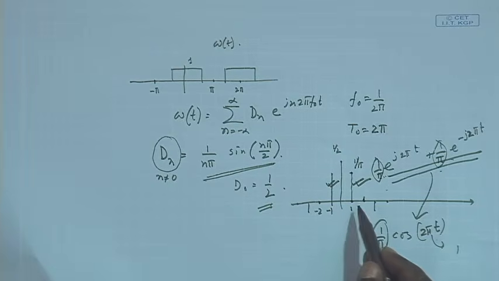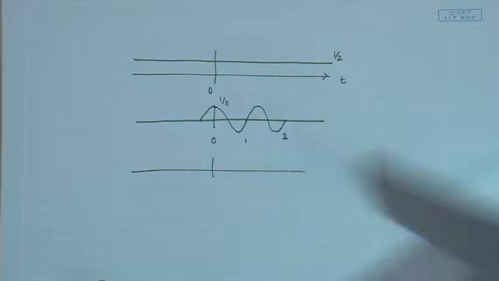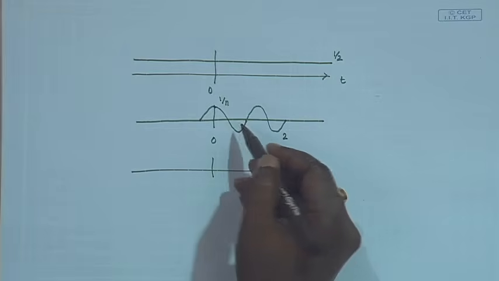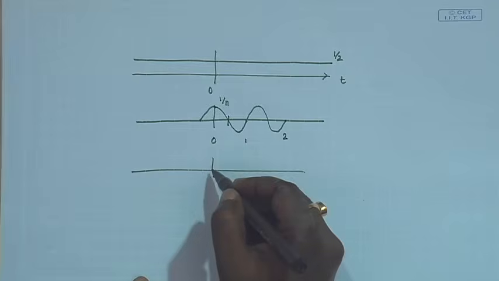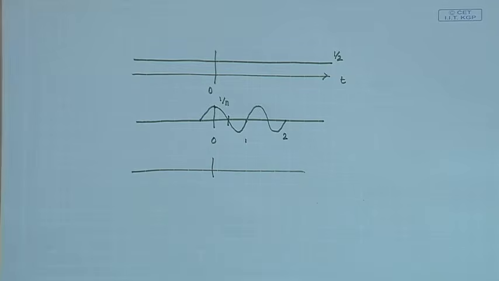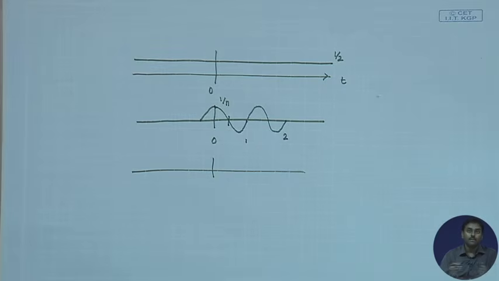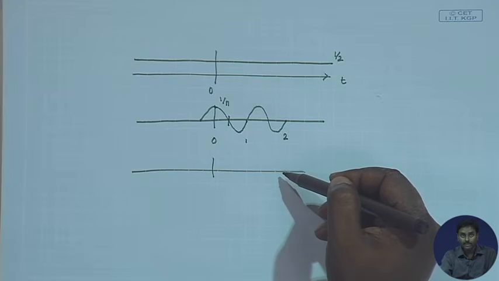So, of course, the time period will be 1 by 2. So, basically this has a higher frequency, so it will actually repeat within this. Okay. So, the thing will be at a higher frequency, but because the amplitude is 0, you will not see this, because it is a cosinusoidal where the amplitude is 0. So, the third constituent is non-existent.